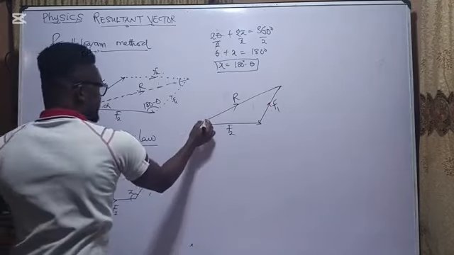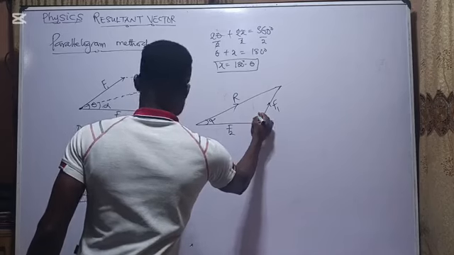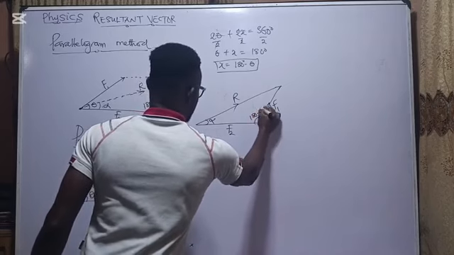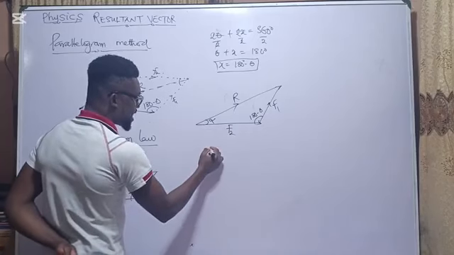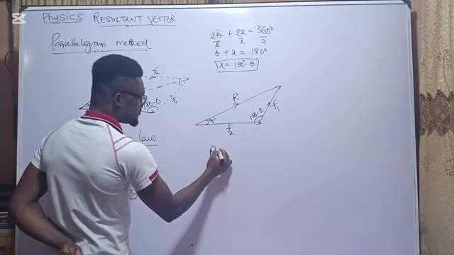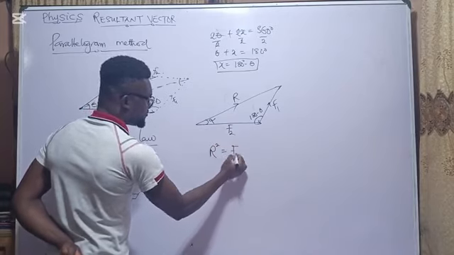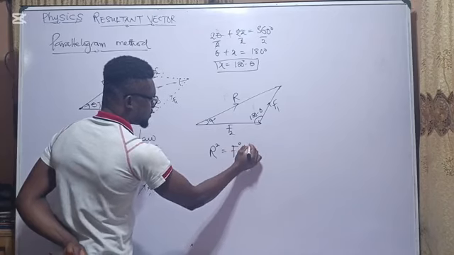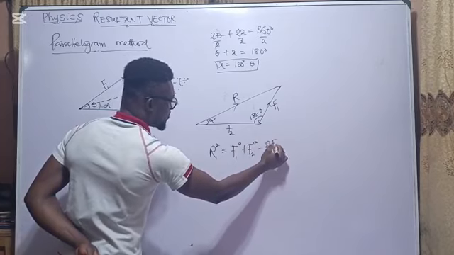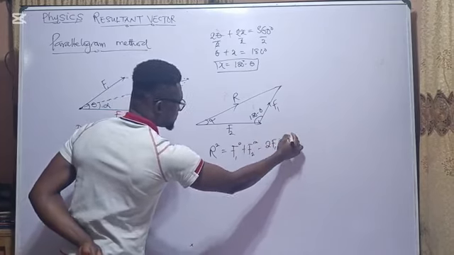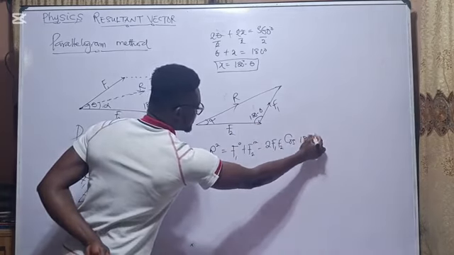Now here is the direction, while the angle here is 180 minus theta. By cosine rule, we have R squared equal to F1 squared plus F2 squared minus 2F1F2 cosine of that very angle, which is 180 minus theta.